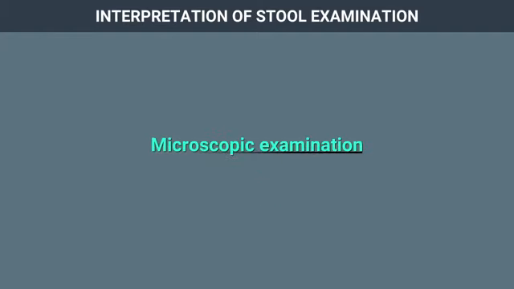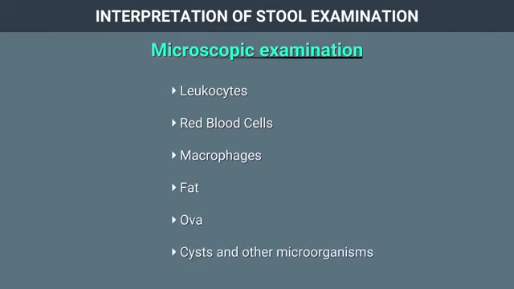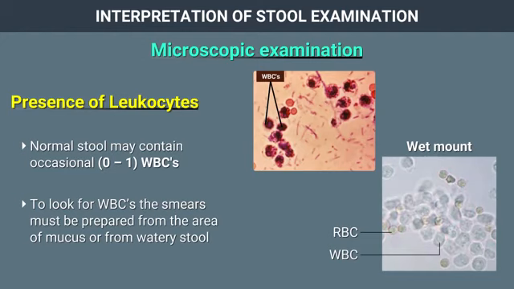Microscopic examination is done to look for the presence of leukocytes, red blood cells, macrophages, fat, ova, cysts and other microorganisms. Presence of leukocytes. Normal stool may contain occasional white blood cell. To look for white blood cells, the smear must be prepared from the area of mucus or from the watery stool.